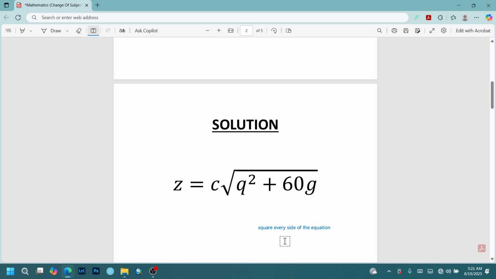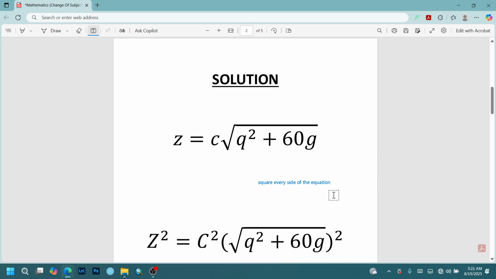So we have three sides of the equation. We have the root square of k square plus 60j. We have c, and we also have z, right? So we have three sets of variables in the equation.